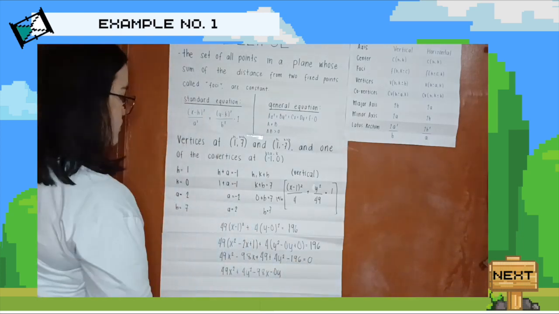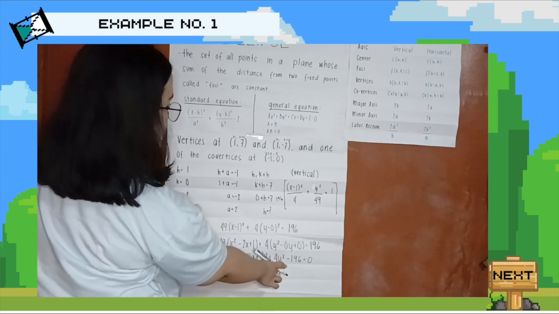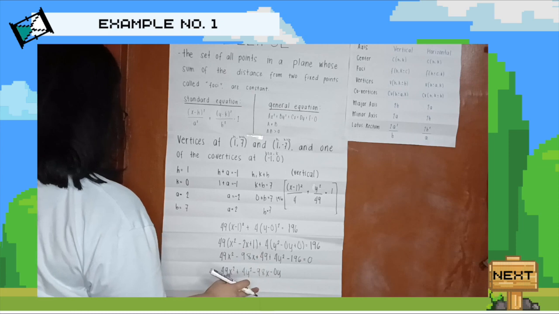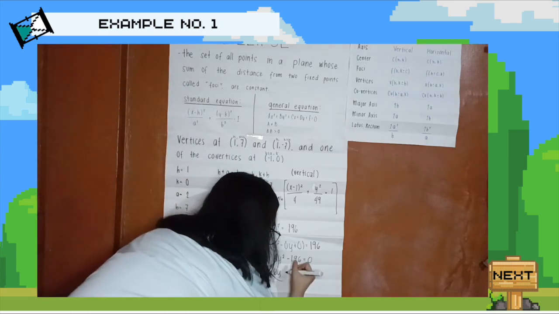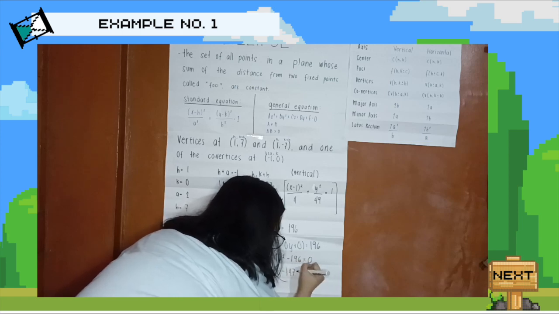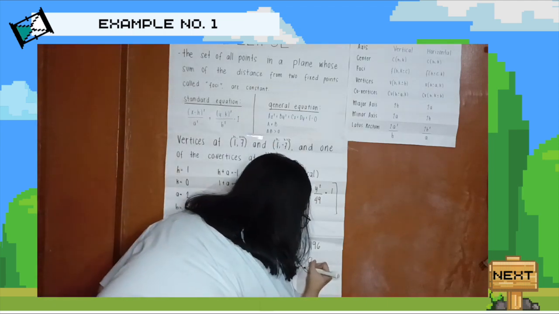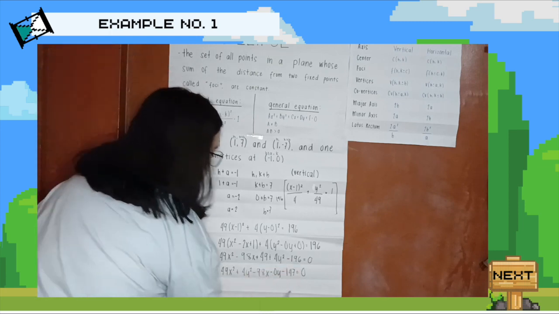And after that, we need to add this. So 49 minus 196 is negative 147, is equal to 0. And this is our final answer.